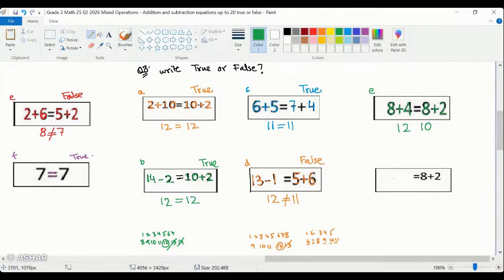Are these values equal, 12 and 10? No, they are not equal, right? They are unequal. This sign represents unequal or not equal, right? So we say this is a false statement. Let's look at another example.